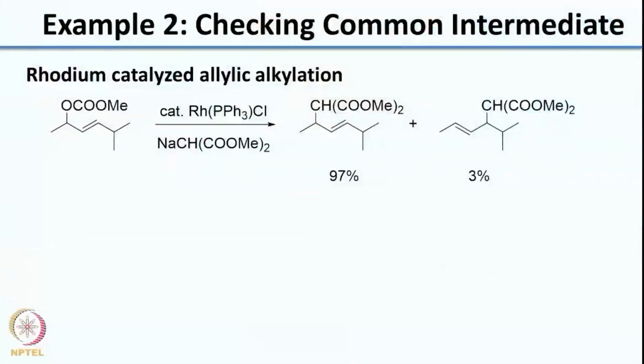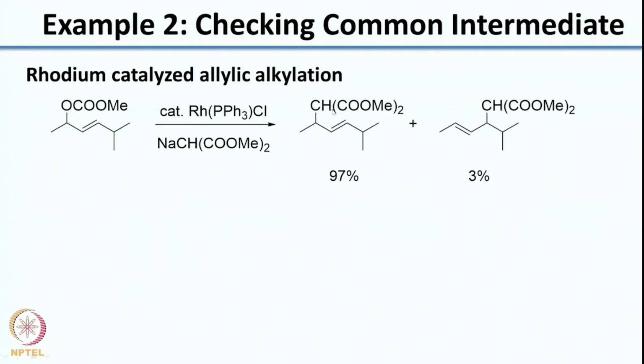Before I go, in the next class we will be looking at another example for checking the common intermediate. I will just leave you with the reaction that we will be looking at. The reaction we will be looking at is a rhodium catalyzed allylic alkylation. So this is your allylic group and you are alkylating at this position.